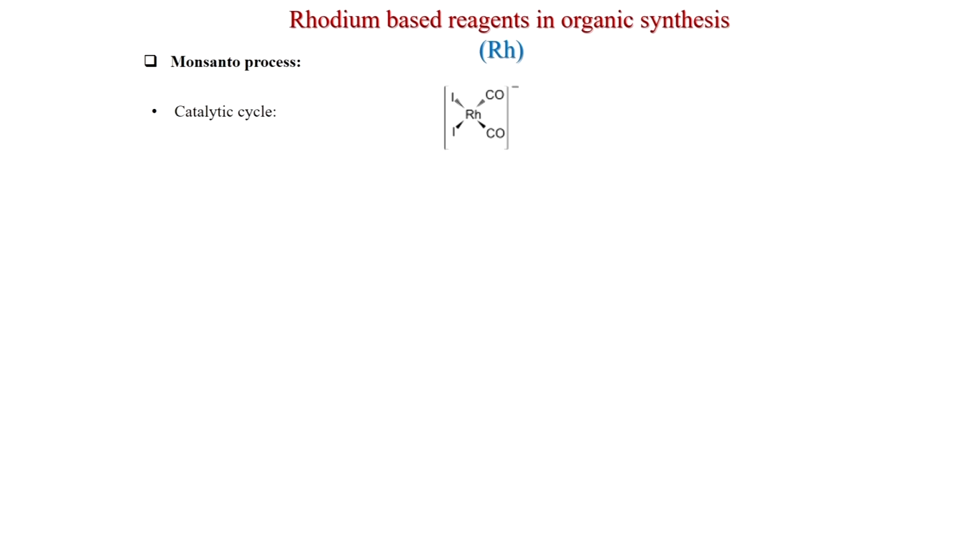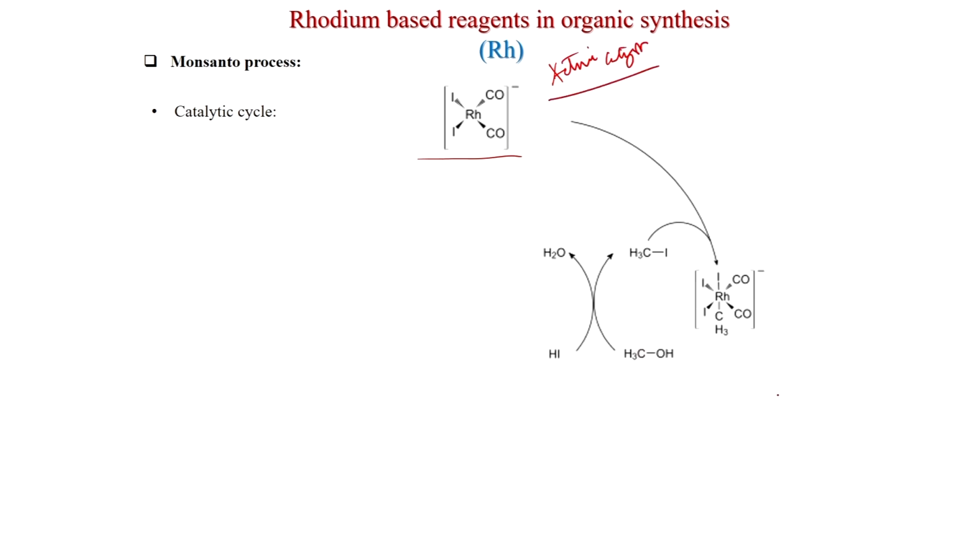So, this is the catalytic cycle, this is the active catalyst here, the active catalyst [Rh(CO)2I2]-. Here this methyl iodide will react. Methyl iodide will form from methanol and HI, which react to give water and methyl iodide. This methyl iodide will add here.